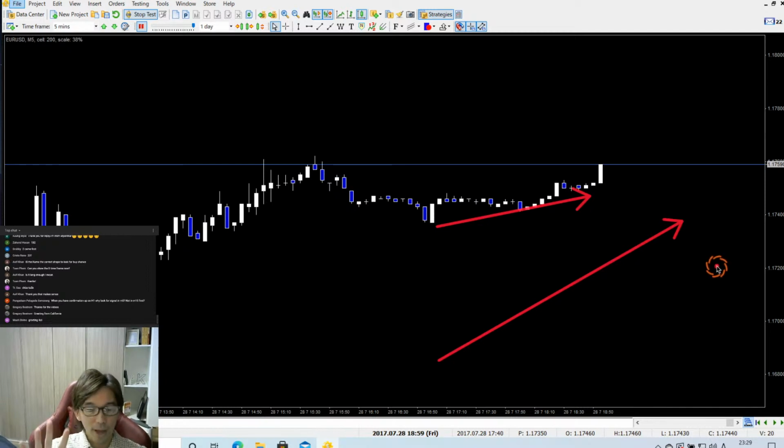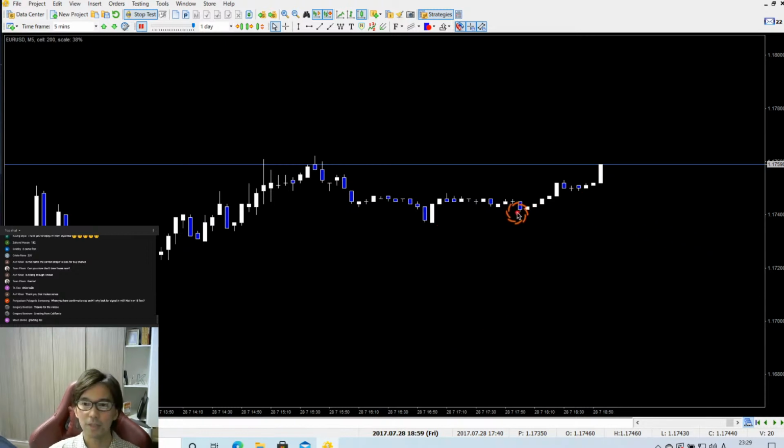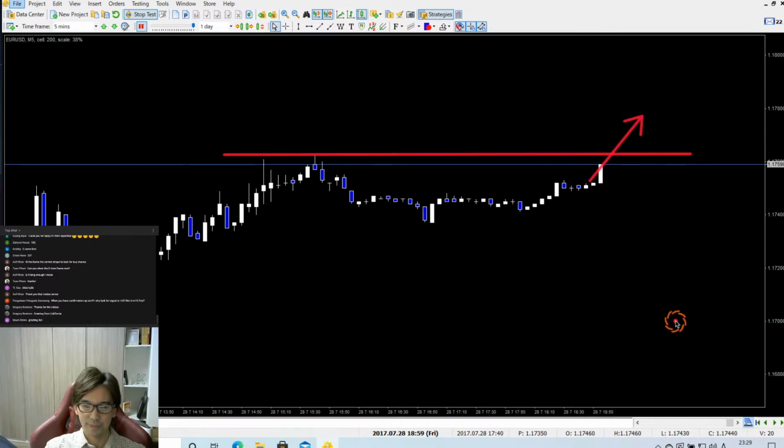So in this 5-minute chart, what I can expect is the market goes up on this bullish wave continuously. I expect the market to break out the previous high up over here. I hope that makes sense, because we are following the higher time frame trend.